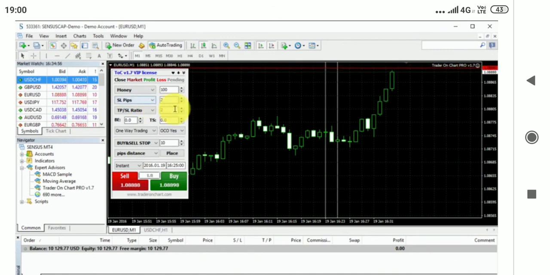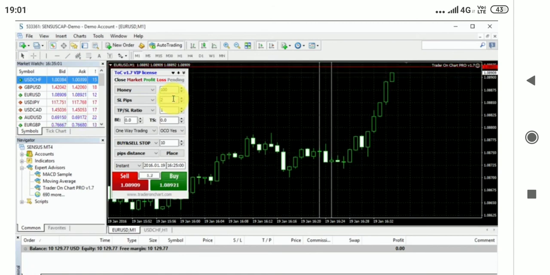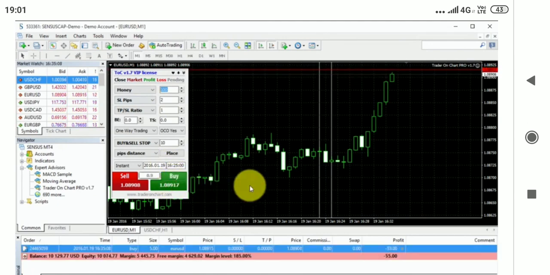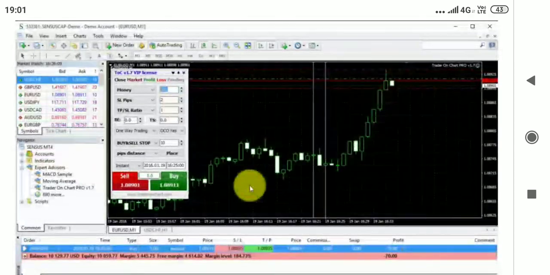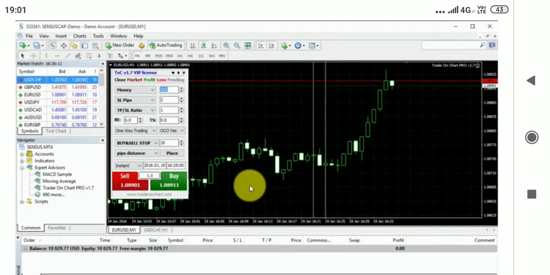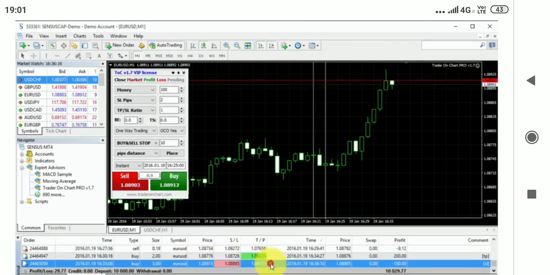Let's try that, and take profit of 1 pip. So if it goes as planned, it should win $100 or it should lose $100. I try buy again. So my trade got hit, stop loss, and let's see, it lost $100, just like I said.